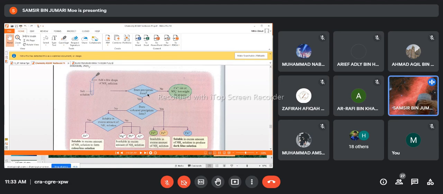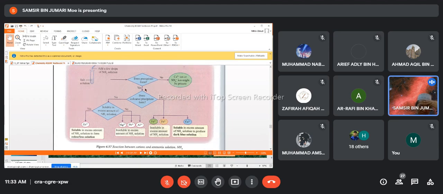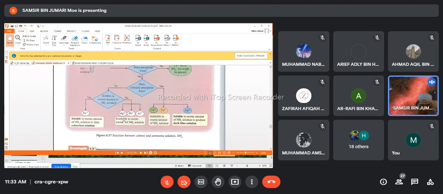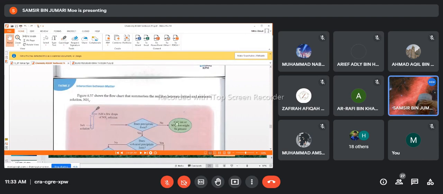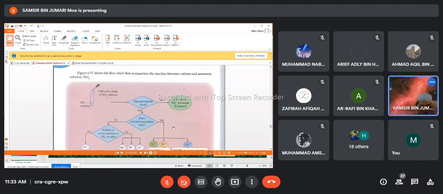That means there is no reaction. Okay, maknanya calcium ion dia punya tu tak ada situ. Okay, tak ada apa-apa. Jadi kita tahulah kalau tak, if there is no precipitate will form, okay, maknanya there is no magnesium ion in the salt solution. Okay, jadi kita dah tahu dah calcium ion ada kat situ.